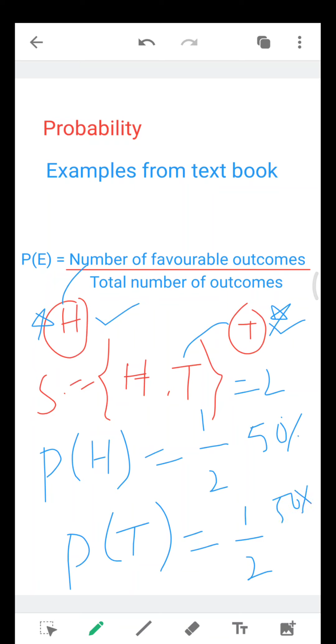So we have a 50-50 chance of getting heads or tails when we toss a coin. That is the reason we toss a coin before we start any game or before we decide between any two teams. So this is tossing a coin one time. The number of outcomes are 2.